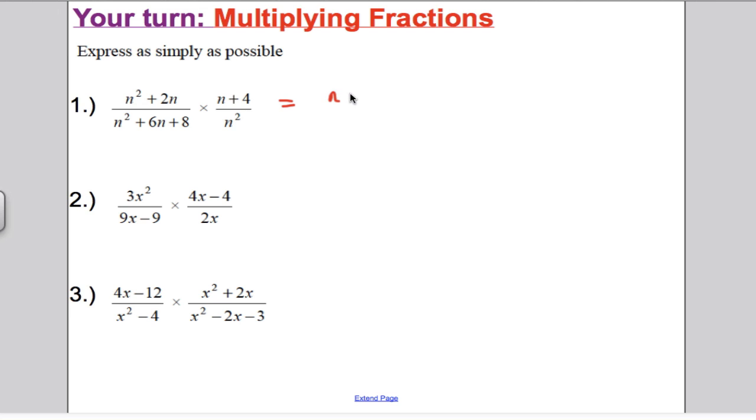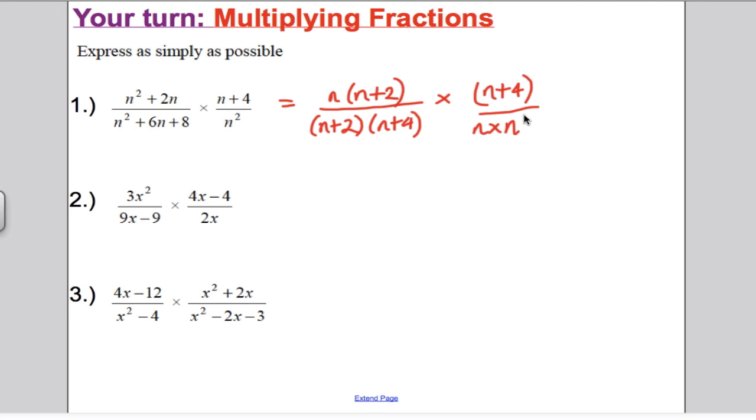The top here factorises to n plus 2. The bottom, if we factorise that, should factorise to n plus 2, n plus 4. We're multiplying that by, well, an n plus 4 on the top, we can't factorise that. Put it in brackets just to remind us we're doing multiplication, and over, and n squared is n times n, isn't it?